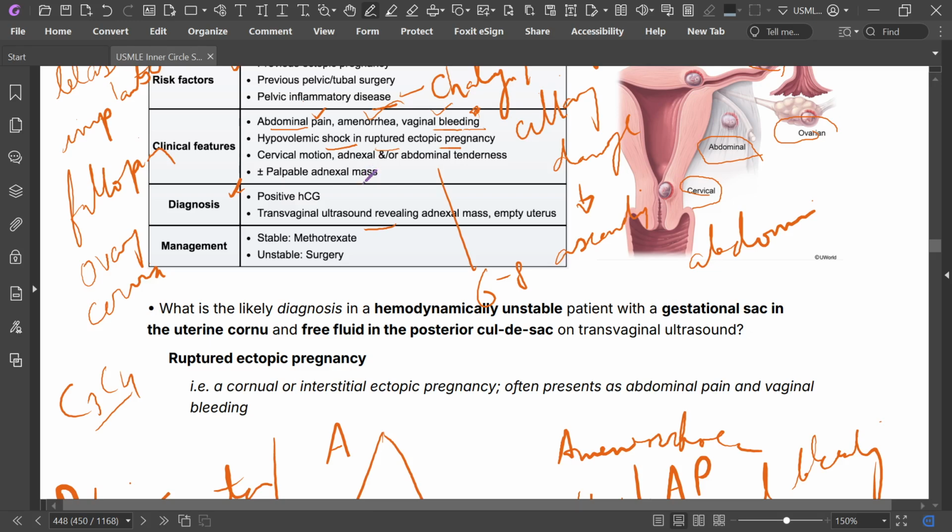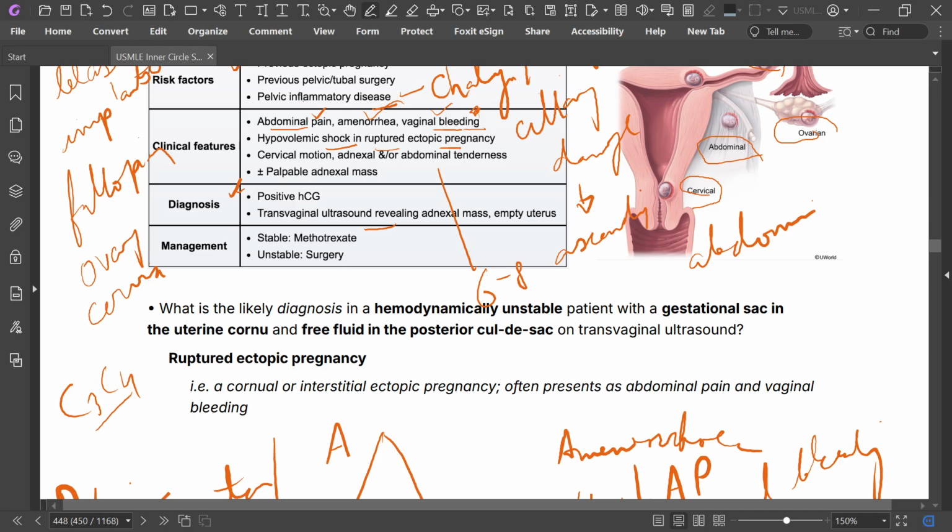Imaging findings include a complex adnexal mass separate from the ovary, with or without a gestational sac, with surrounding vascularity, like the ring of fire sign on Doppler ultrasound. If you find a ring of fire sign on Doppler ultrasound, it looks like ectopic pregnancy.